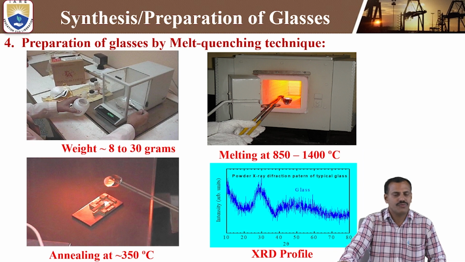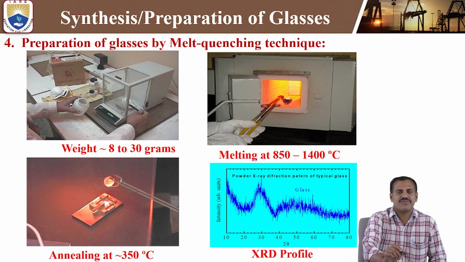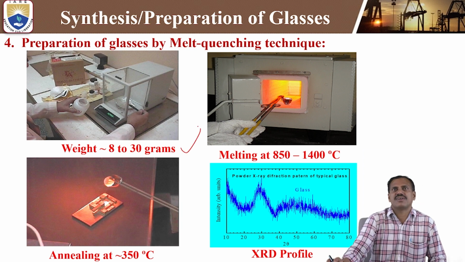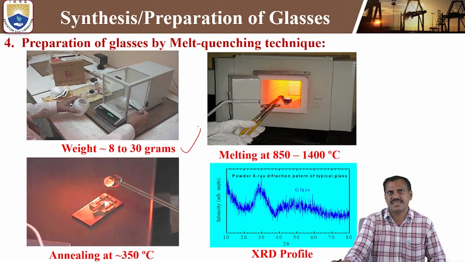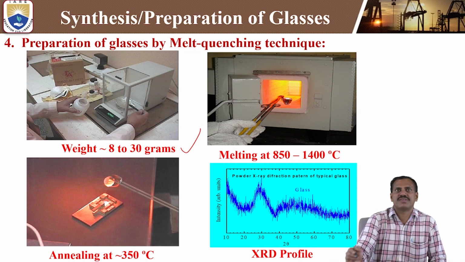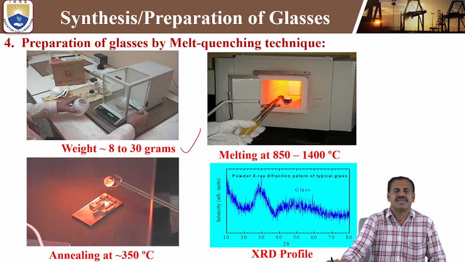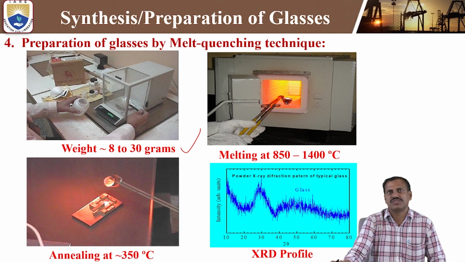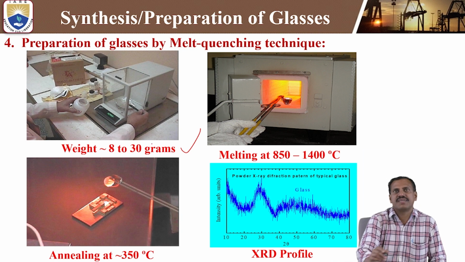Next, coming to the fourth one, the preparation of glasses by the melt quenching technique. First step, we have to do material selection and choose the material composition. Each and every batch composition should weigh in the order of 8 to 30 grams.